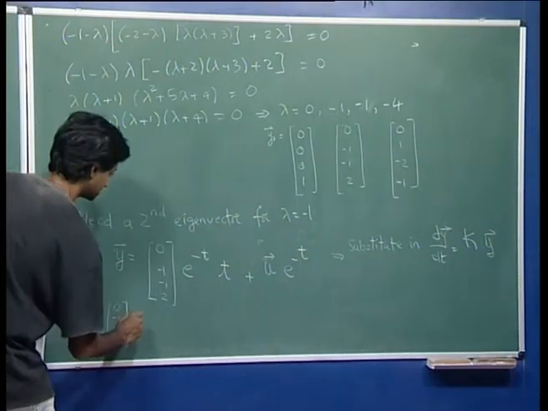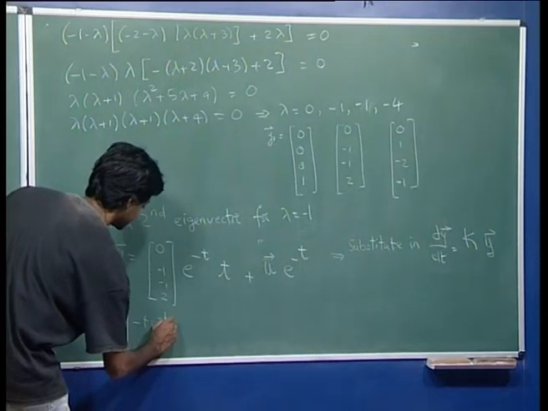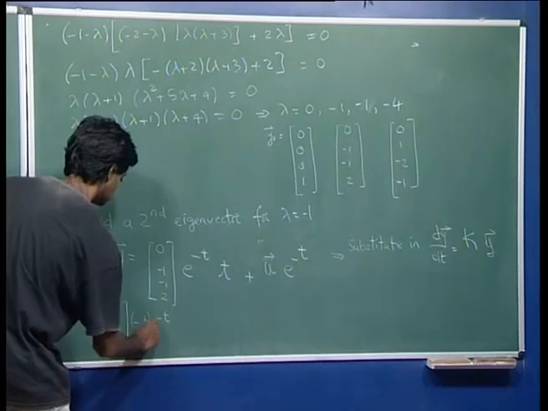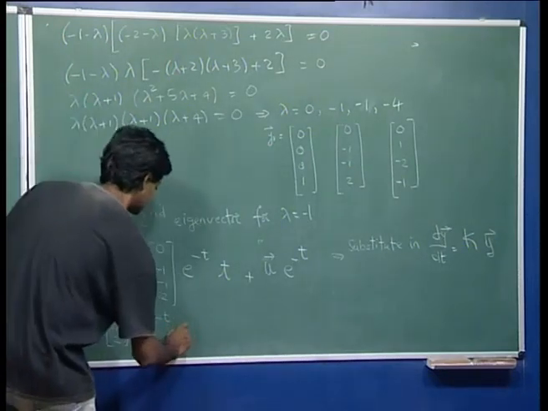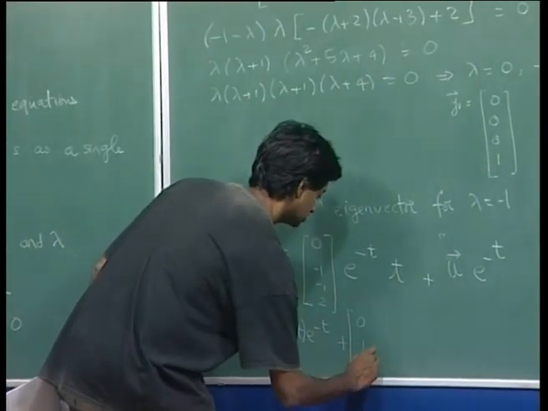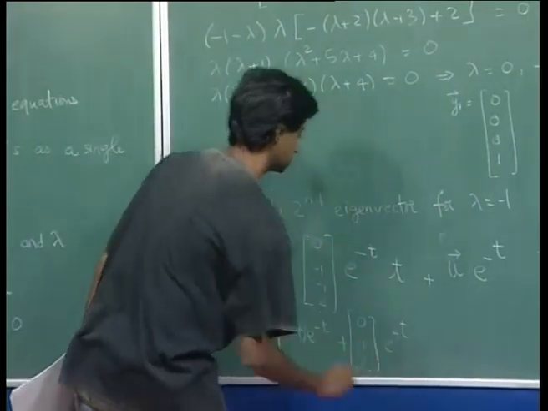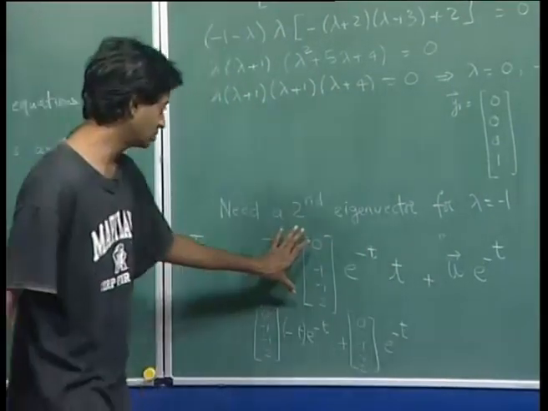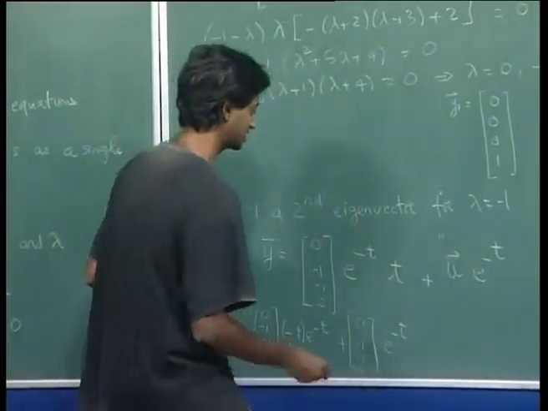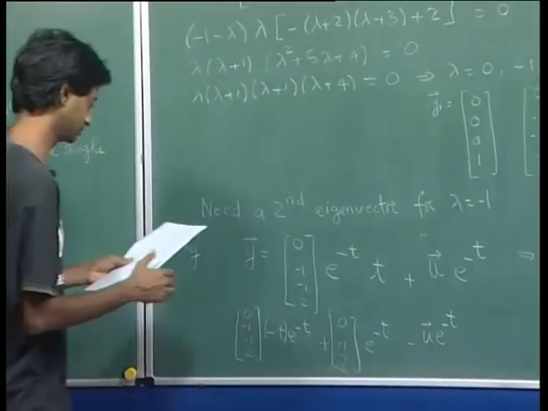Okay, so the first term is minus t e to the minus t, and the second term is e to the minus t, when you take a derivative of this. So this is d by dt of this term. Now when I take d by dt of this term, I'll just get minus u e to the minus t.